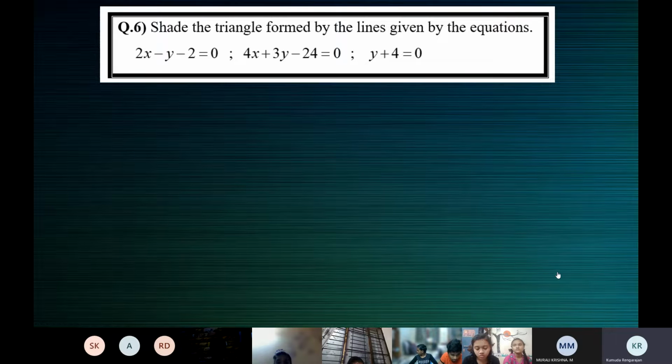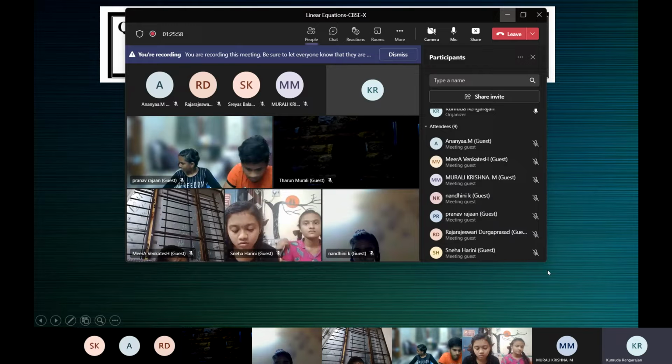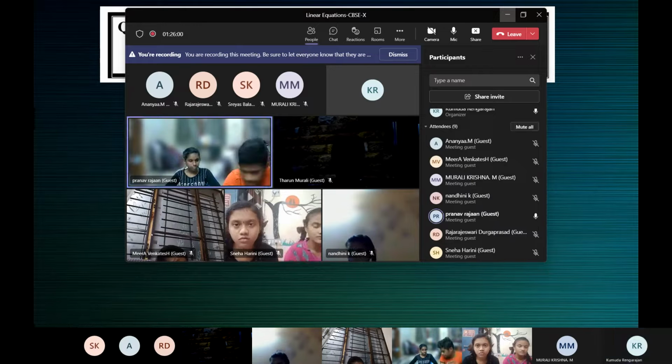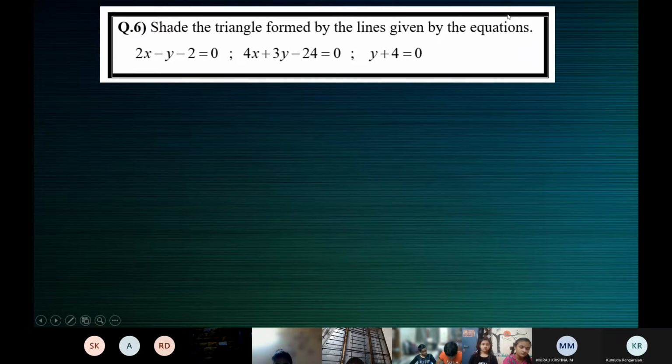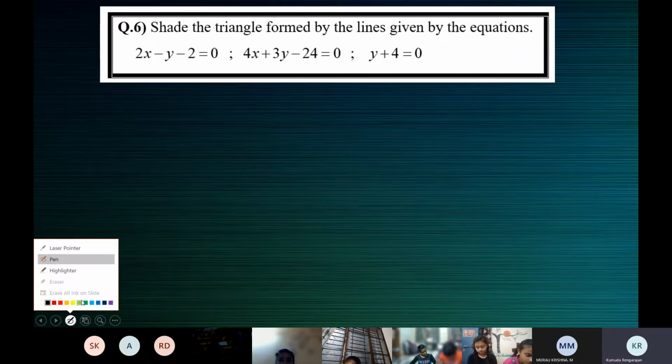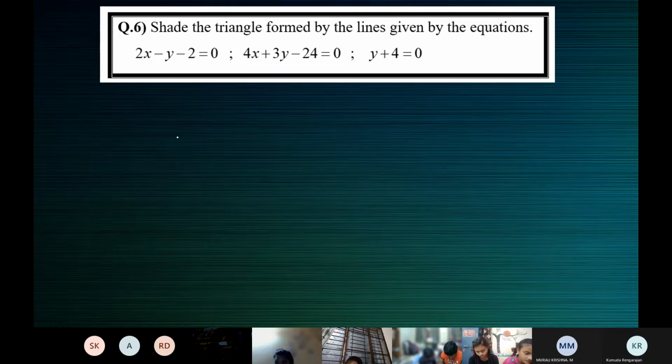Who can tell me the coordinates of the vertices of the triangle? Ma'am, for A, 3, 4. For B, -2, 4. Let me write one minute. Come again from the beginning.